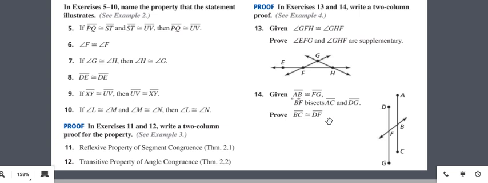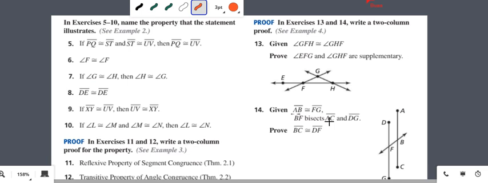If you look at this question, what does it say in questions 5 to 10? Name the property that the statement illustrates. So we are given the statements and we have to name the property. This is a very easy question. Look at the first statement.